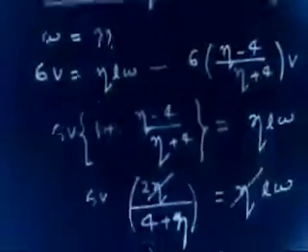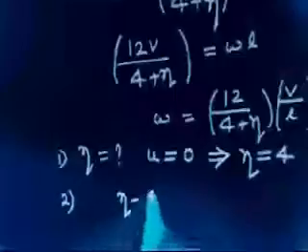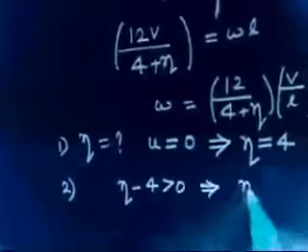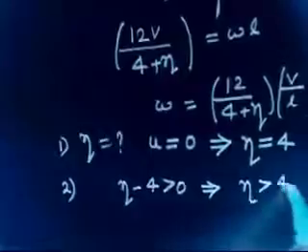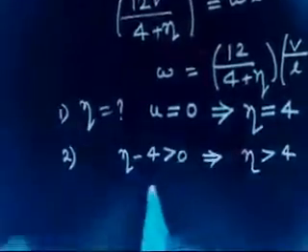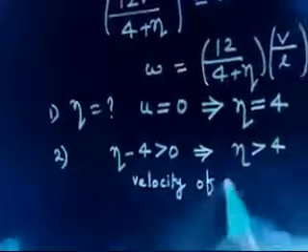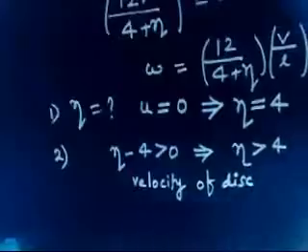So eta minus 4 should be greater than 0, because this is the only term that can be negative. So if eta minus 4 is greater than 0, in that case velocity gets reversed. So eta should be greater than 4, that is the condition for velocity of ball or disc to be reversed.